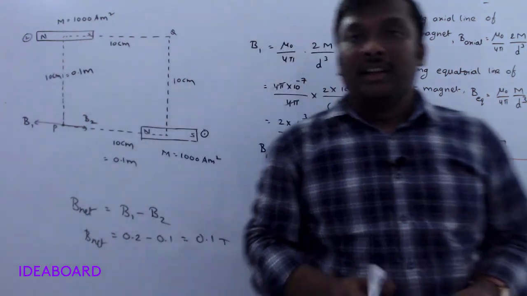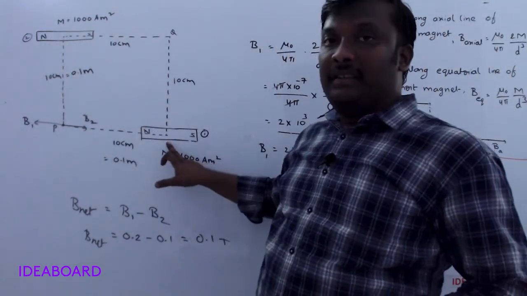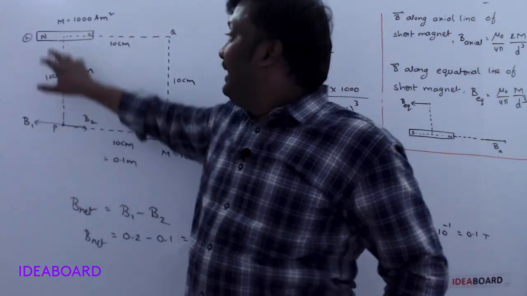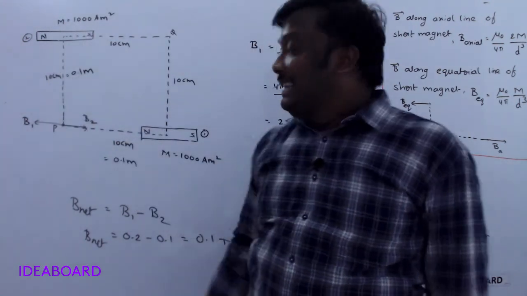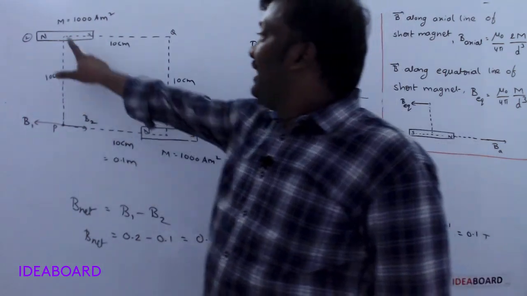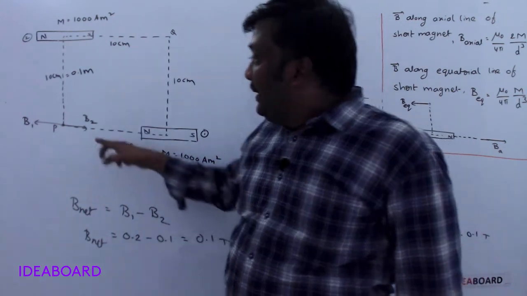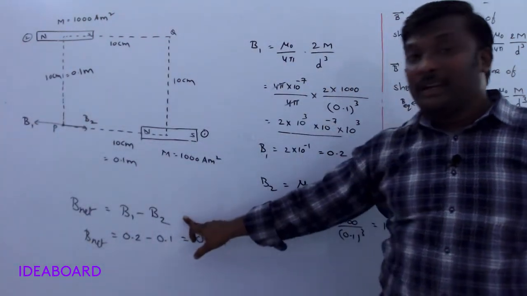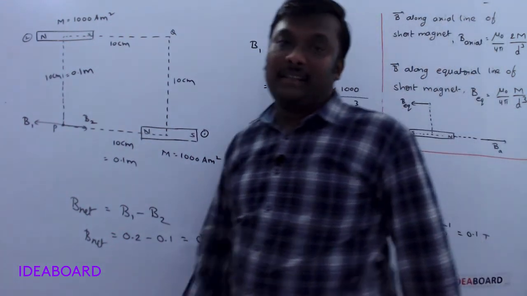Understand? So don't think these magnets are perpendicular. Here at point P, based on the direction of the poles of the magnet, the resultant answer always changes. If suppose here they gave south and here they gave north, then B1 and B2 are in the same direction, then the resultant value becomes B1 plus B2, and the answer becomes 0.3 Tesla.